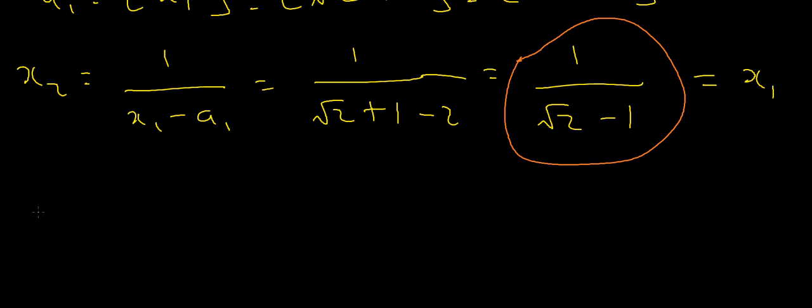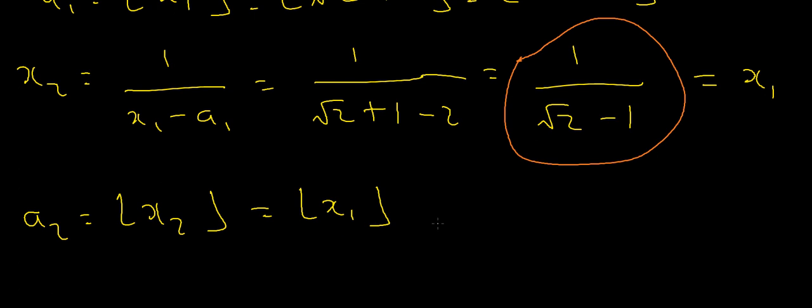That therefore means that when I calculate a2, that's just the floor of x2, but x2 is equal to x1, so that's just the floor of x1. But by definition, the floor of x1 is a1. So therefore a2 is just equal to a1.